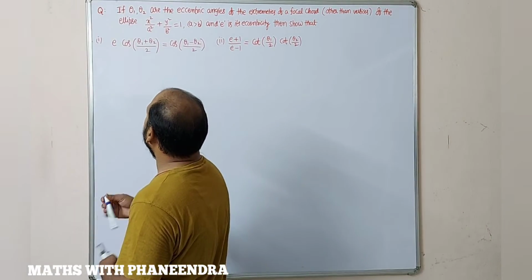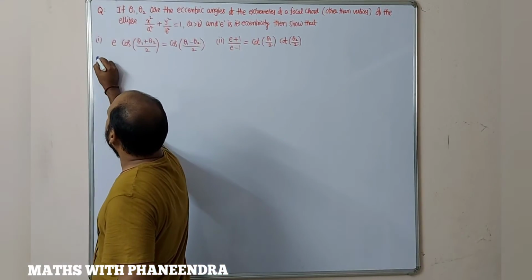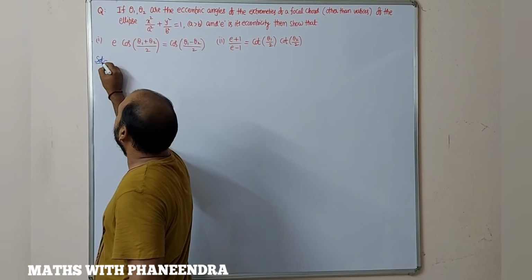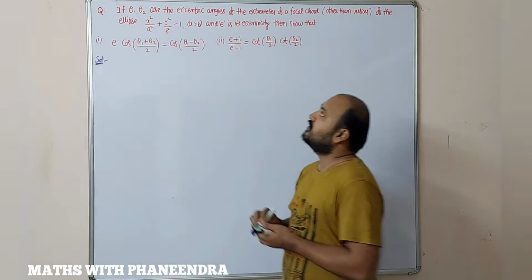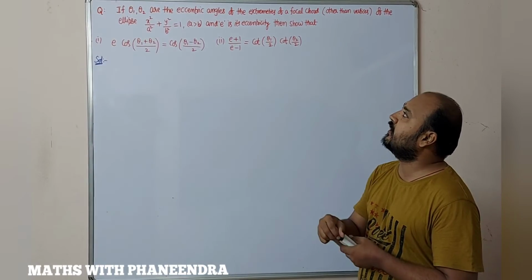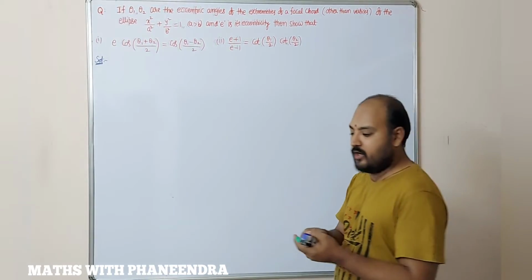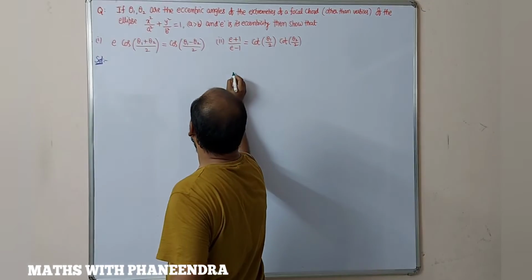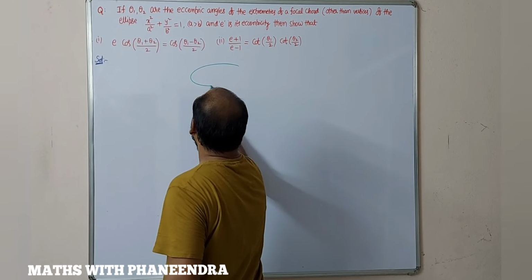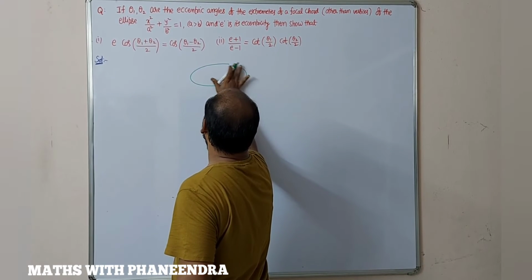So in the solution step, first we have to draw the figure according to question. Theta 1, theta 2 are the eccentric angles of the extremities of the focal chord. First figure you have to draw that. This is the ellipse figure.